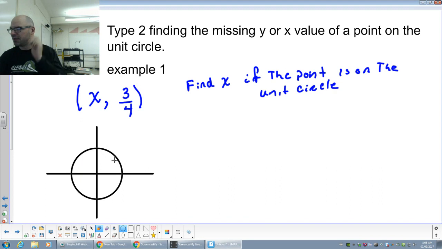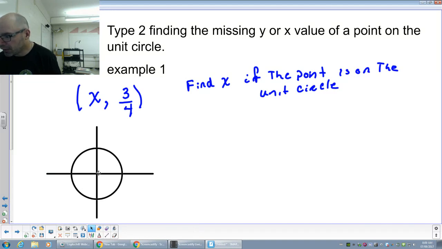So my point is (x, 3/4). The interesting point is x can be positive or negative. y is 3/4, so it's always going to be above the x axis, right? So it can be here with positive x.